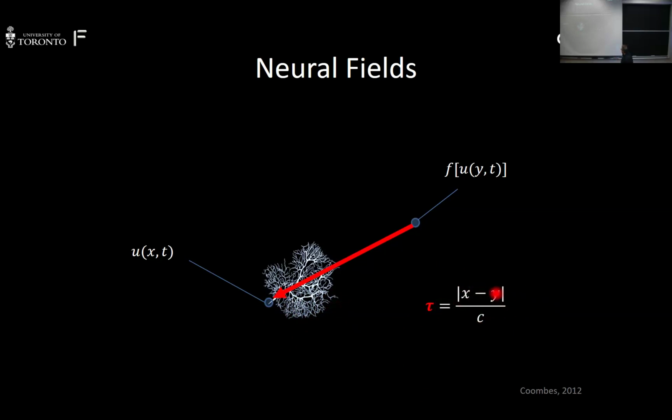It's not necessary, but in the present context we can think of this as a spatially invariant, translationally invariant function of space, where we can just say the absolute value of the distance between these two points, x over here and y over here. So that's the distance over speed.